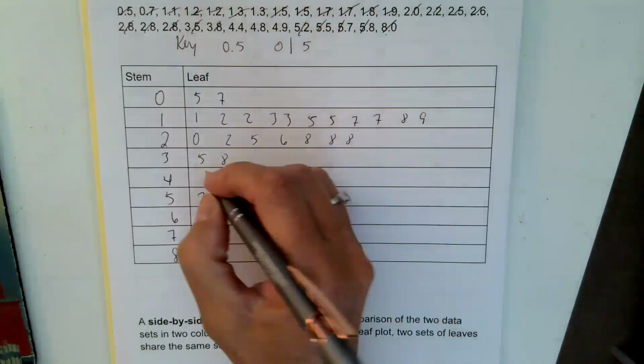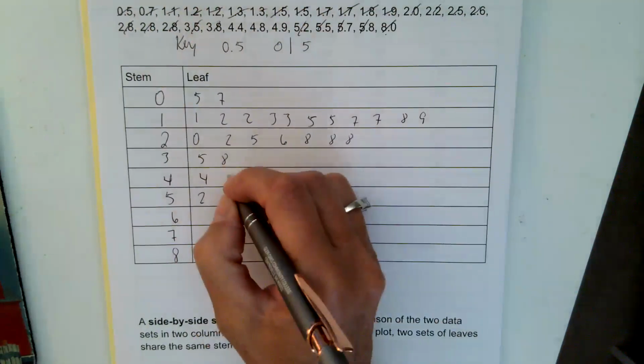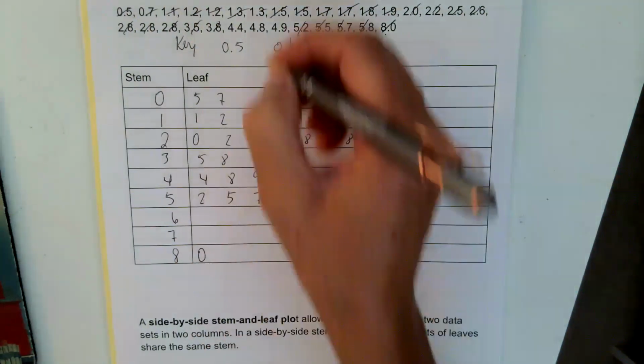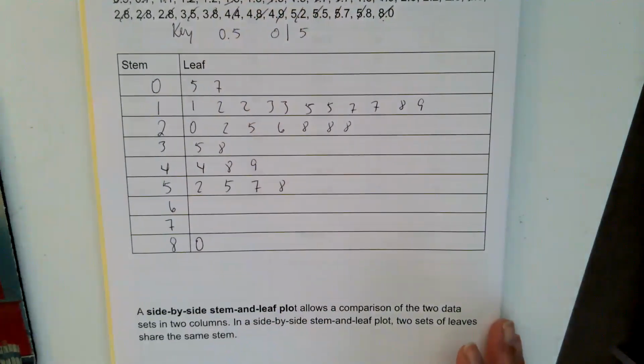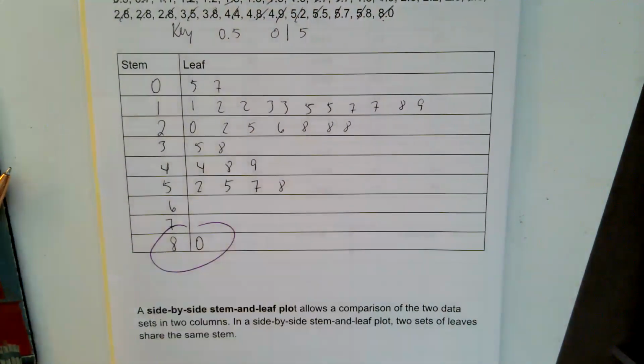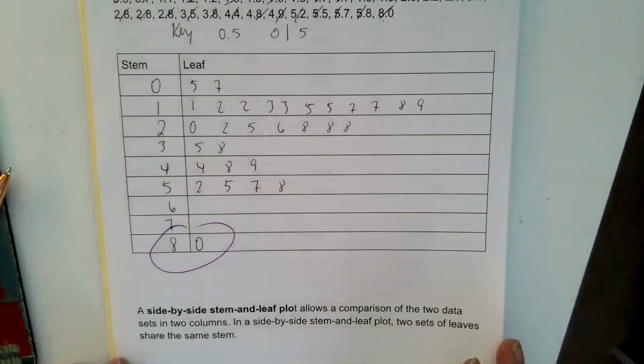A couple in the 3 mile range and a couple in the 4 mile range as well. But one thing I really noticed is the outlier. So that student that lives 8 miles away doesn't seem to be a typical student in this class, in this sample here of the off-campus students.